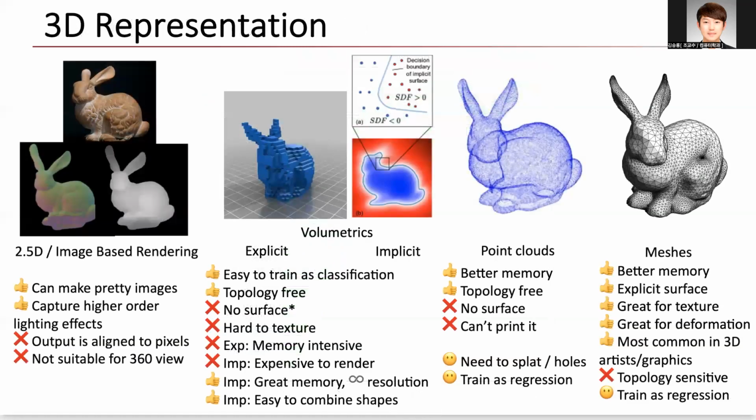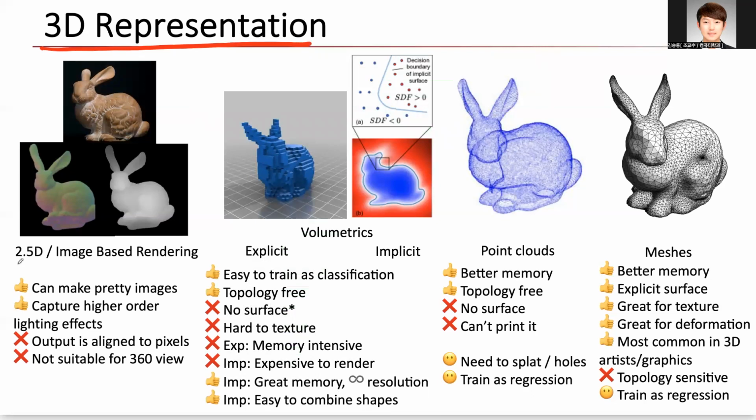To understand 3D acquisition or 3D computer vision, we have to start with 3D representation. What kinds of 3D representation can we use? In fact, there are many kinds of 3D representation.